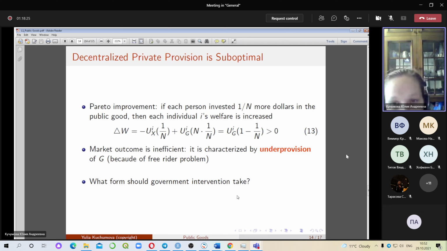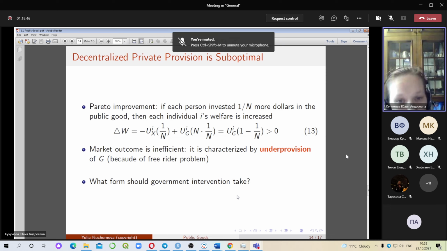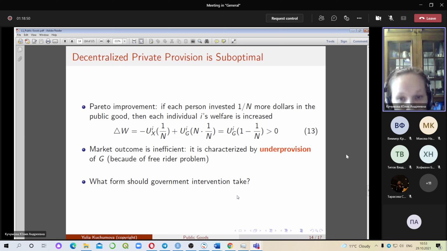Because he now donates 1 over n more dollars to the public good, he spends less on the private good. As a result, his utility will decrease, and this marginal reduction is equal to minus the derivative of ui with respect to x, which is marginal utility, multiplied by the reduction in the consumption of private good, which is 1 over n.